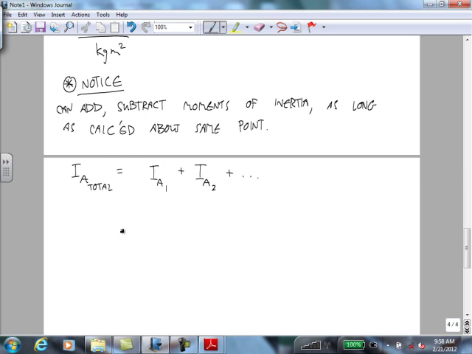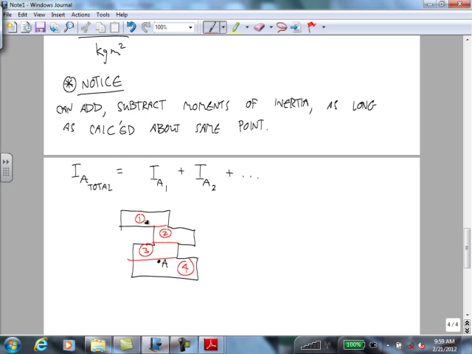So if you're trying to calculate the moment of inertia of this thing about this point A, you can break it up into a piece there, a piece there, a piece there, and a piece there. Which is nice because in this case, you can break this up into 4 rectangles, and for rectangles, it's really easy to calculate the moment of inertia.